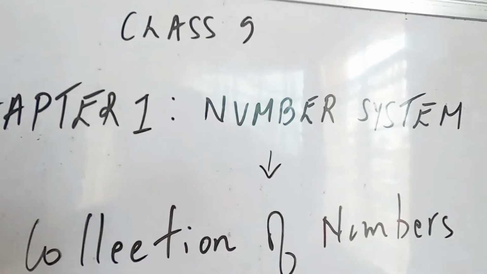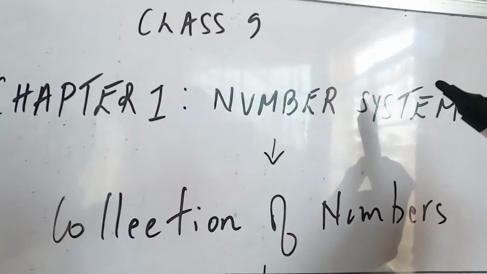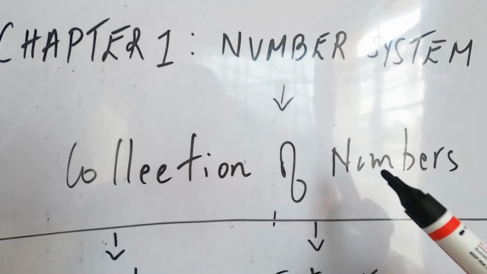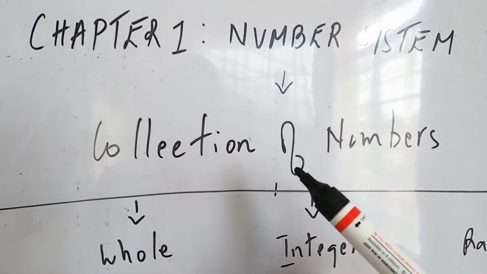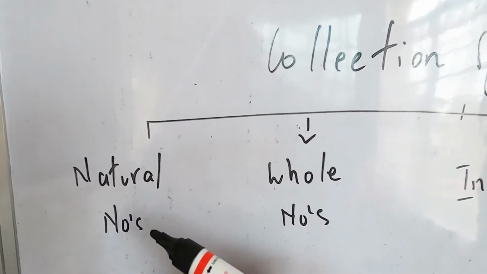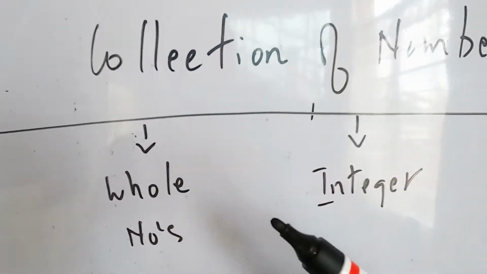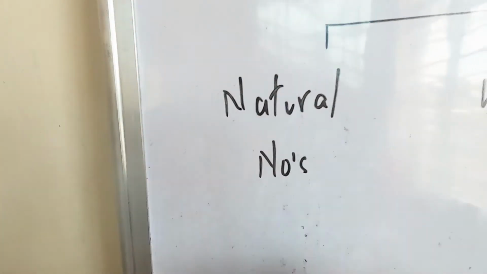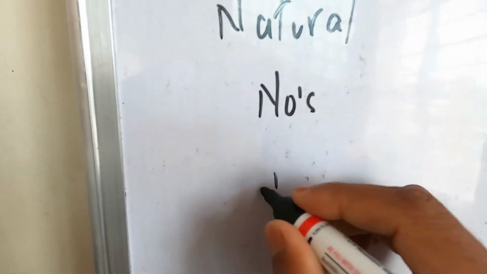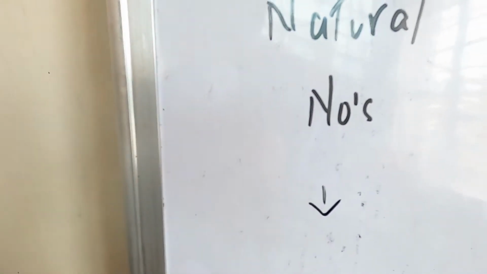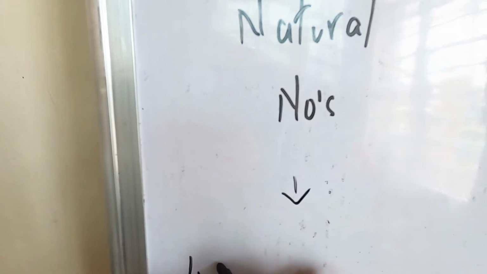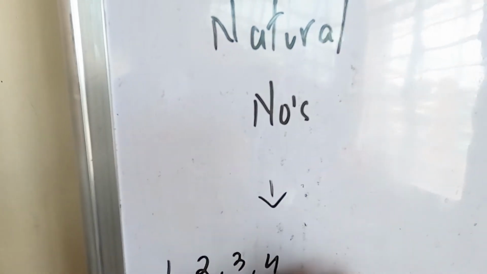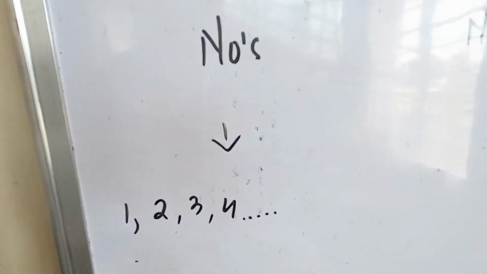So in this case, basically number system simply means collection of numbers. And what are the collection of different numbers? Natural numbers, whole numbers, integers, and rational numbers. So natural numbers will simply be numbers starting with 1, 2, 3, 4, and so on and so forth.